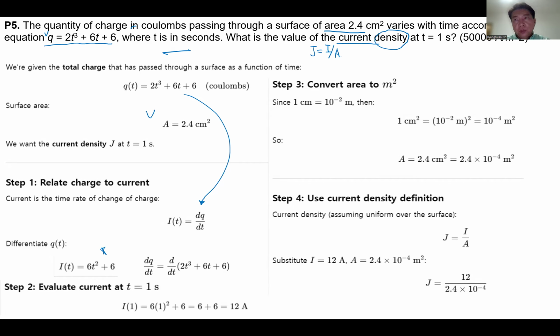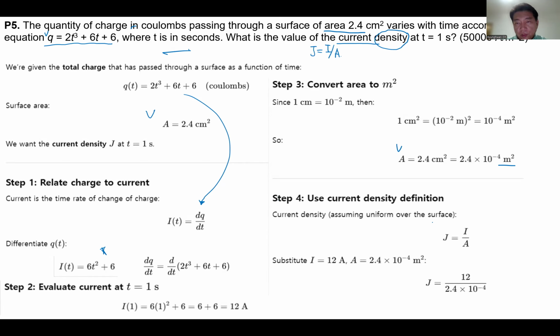And we need to be careful about those units once again. If it is coulomb, then we need to change to the meter square. Coulomb goes with the meter square, not the centimeter square, so that our area is now changed into this number with this unit, meter square.